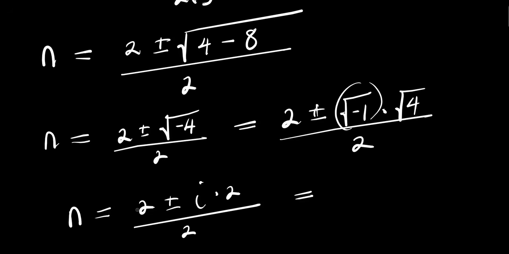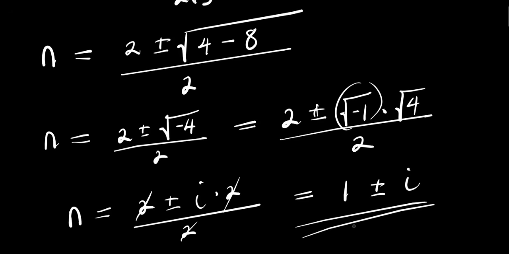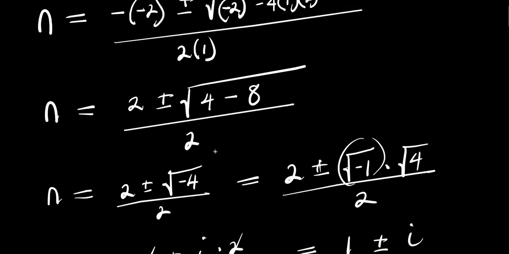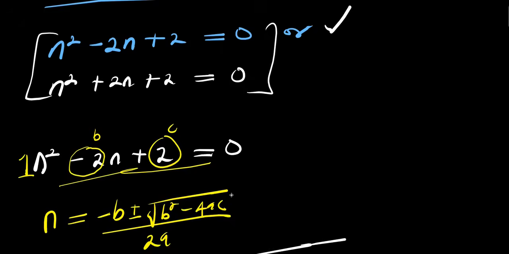And this equals, 2 eliminates 2, so we are going to have 1 plus or minus i, that is it. So that is the first two solutions using the first quadratic equation.